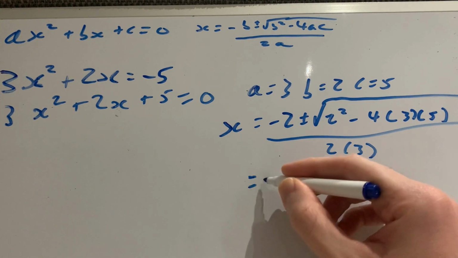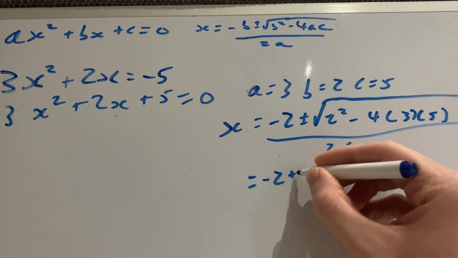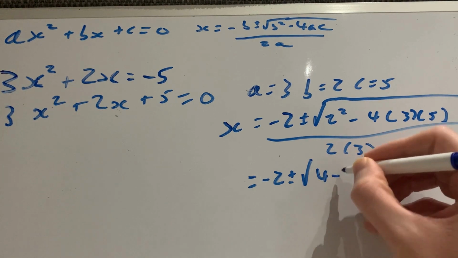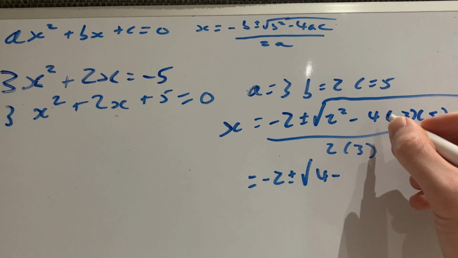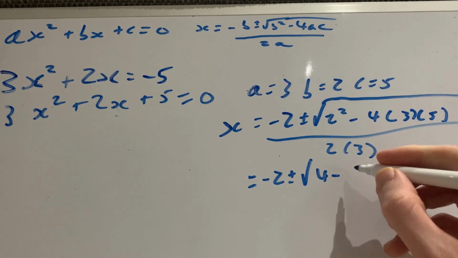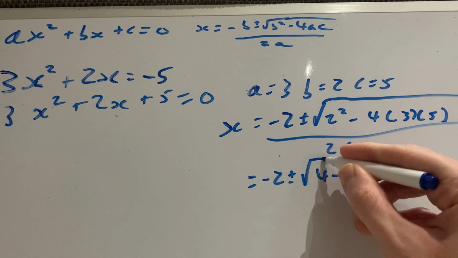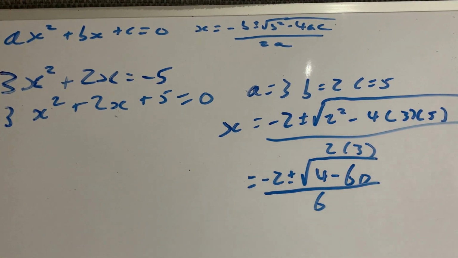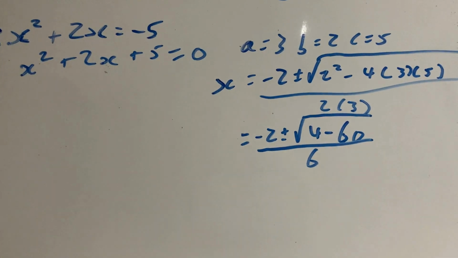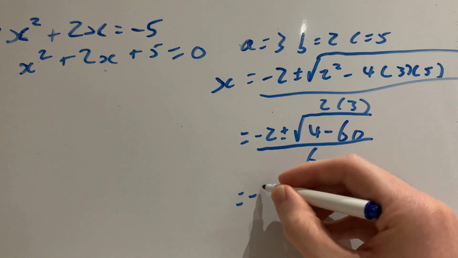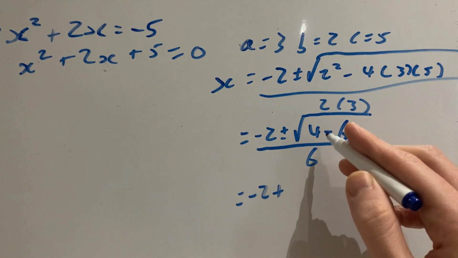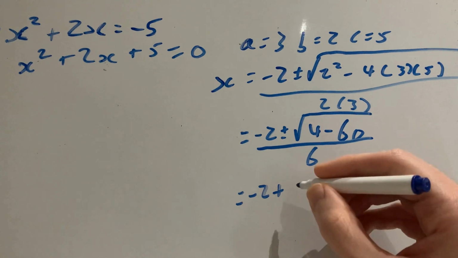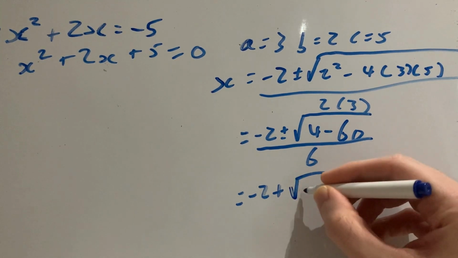So simplifying that, negative 2 plus or minus the square root of 4 minus, so 4 times 3 times 5 is going to be 60. So 4 minus 60, oh no, we're going to have a negative, but we'll come to that in a sec. 2 times 3 is 6. So splitting this up, we're going to get minus 2 plus, so 4 minus 60 is minus 56, I think. Yeah. So we've got root minus 56.